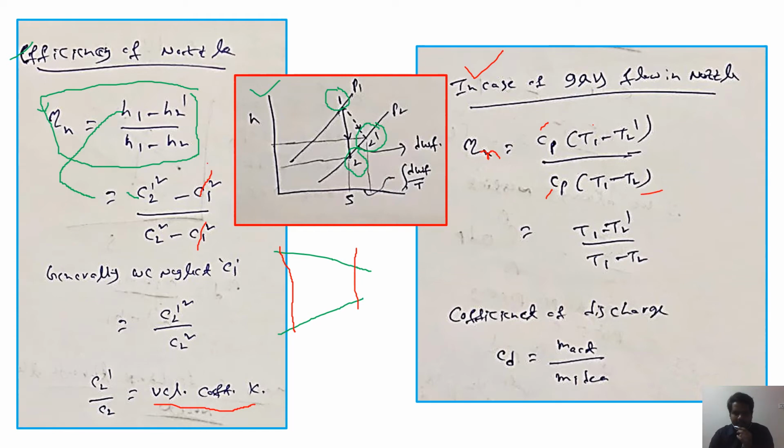Here Cp gets cancelled, so it is T1 minus T2 dash divided by T1 minus T2. So this is the efficiency of the nozzle if gas or air is flowing inside the nozzle. The coefficient of discharge is actual flow divided by ideal flow.